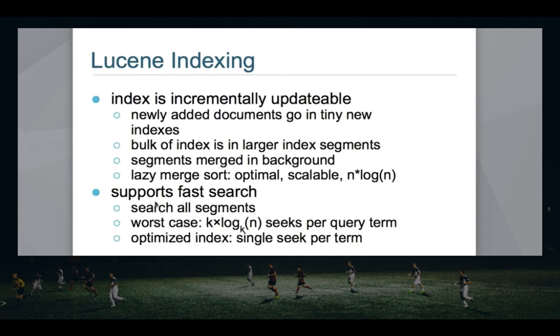Lucene indexing: the index is incrementally updatable. Newly added documents go in tiny new indexes. The bulk of the index is in large index segments. Segments are merged in the background.